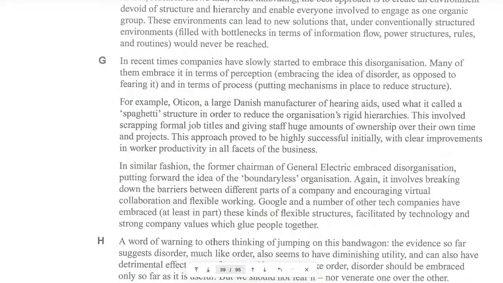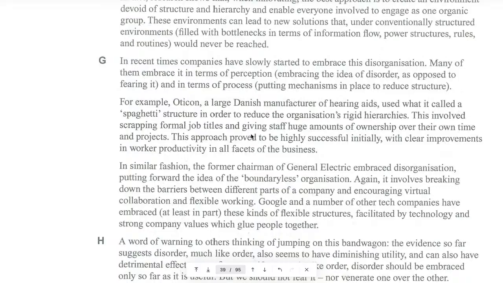In similar fashion, the former chairman of General Electric embraced this organization, putting forward the idea of the boundaryless organization. Again, it involves breaking down the barriers between different parts of a company and encouraging virtual collaboration and flexible working.